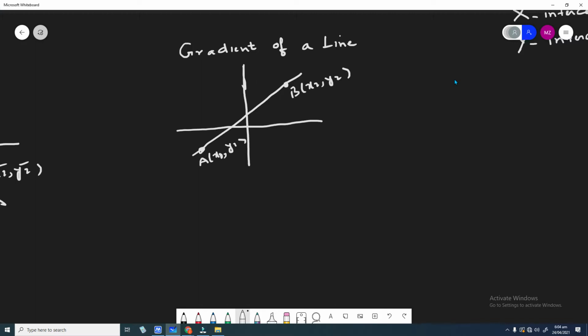Now gradient is normally denoted by m, and the formula will be y2 minus y1 over x2 minus x1. So this is a simple relation which can be used in order to calculate the gradient of the line if you are given two points on that line, that is x1 and y1 and x2 and y2. So this relation you will be using for finding the slope of a line if you are given two points on a line.